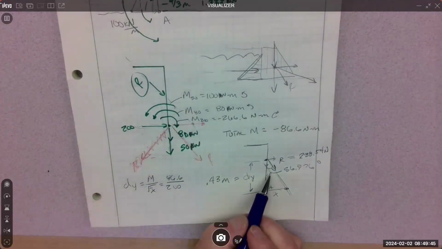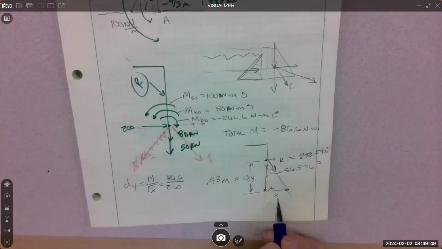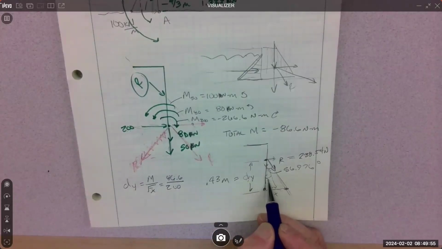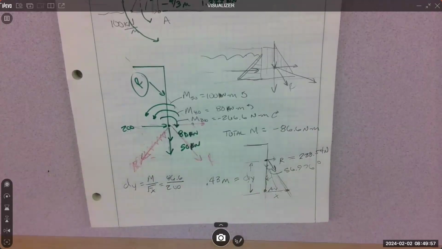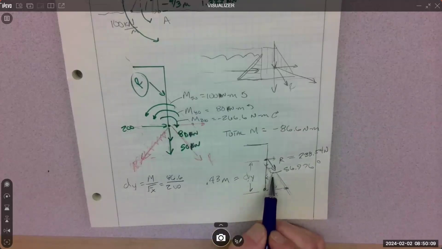Then with that angle and this distance, I can get this distance. I probably use the tangent, which is opposite over adjacent. Because I know adjacent is 0.43. I know the angle, and I want that.